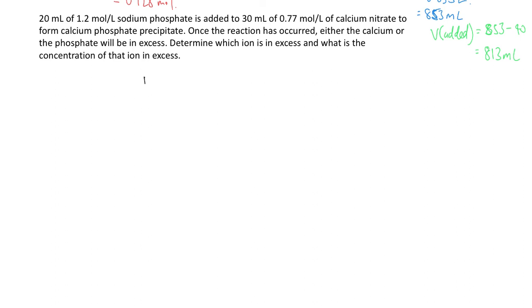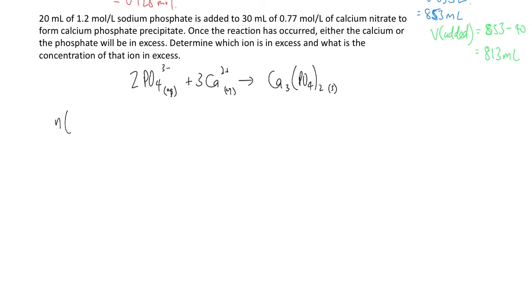So we might do phosphate ions plus calcium ions turns to calcium phosphate. Okay, solid, this is aq, this is aq. Right, and we'll need to balance that equation. So that's a 3, that's a 2 there. Now I have a balanced equation, so I can start doing the limiting reagent.